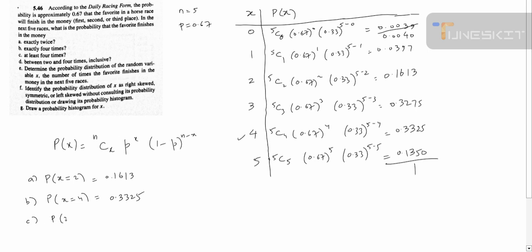So at least 4 means x is greater than or equal to 4, which is probability of x equals 4 plus probability of x equals 5. So that's 0.3325 plus 0.1350, which will give you the answer 0.4675.